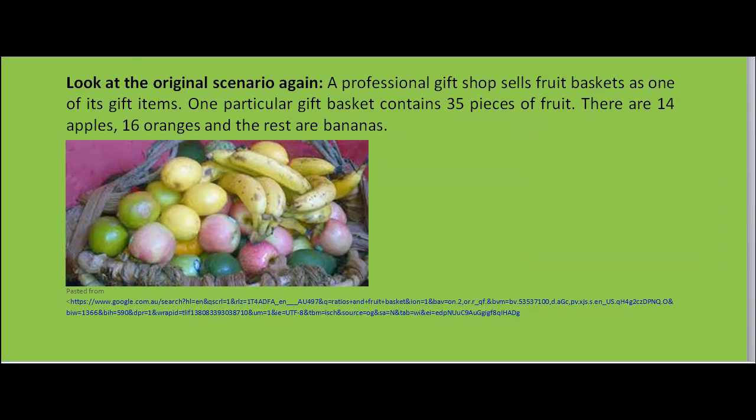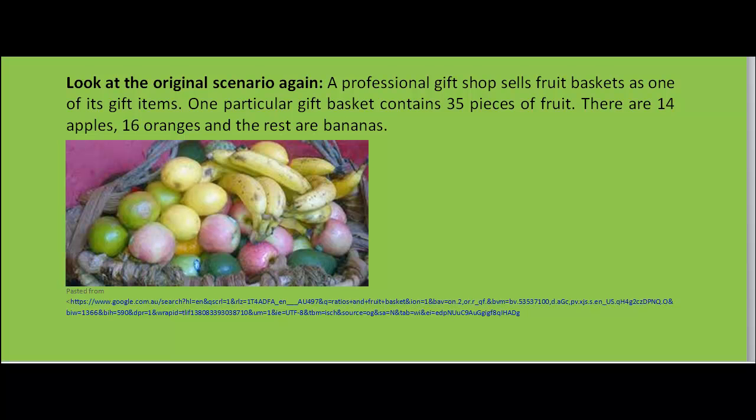Let's look at the original scenario again. In the fruit basket example, part of the basket was made up of apples, part of the basket was made up of oranges, and part of the basket was made up of bananas. Altogether, the whole basket was made up of 35 pieces of fruit. In writing ratios, we can write part-to-part ratios or part-to-whole ratios.